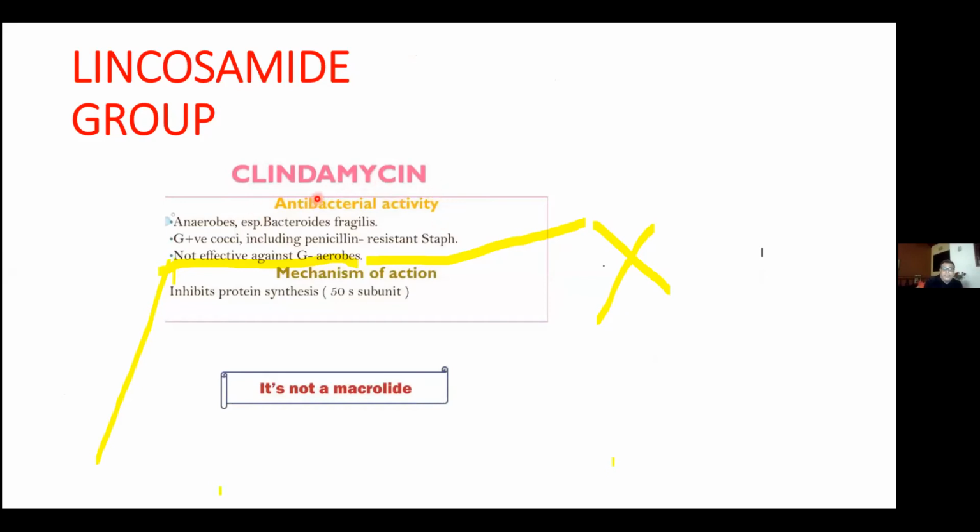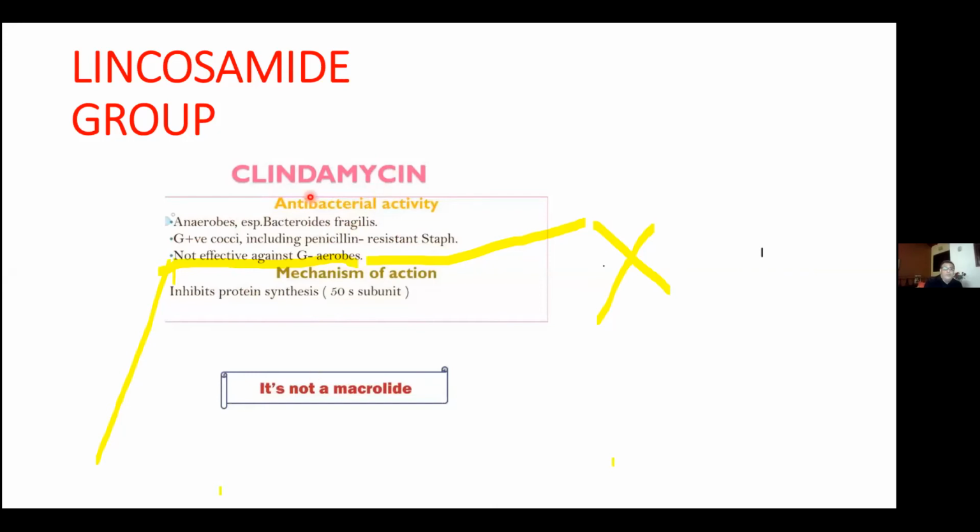In low concentration, it is bacteriostatic. In higher concentration, it is bactericidal. It is effective against anaerobic organisms as well as staphylococcal organisms, including MRSA. But it is not effective against Pseudomonas infections. Therefore, in hospital-acquired infections, this is not really indicated.